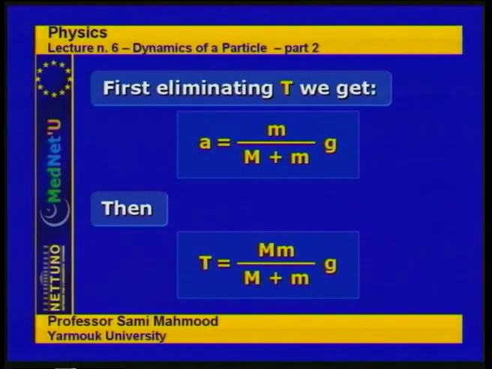Second, we substitute this value of the acceleration, which we just calculated, back into the formula that gives t equals capital M times a. Instead of a, we put its value, which is small m over capital M plus small m times g, and we obtain this solution for the tension.